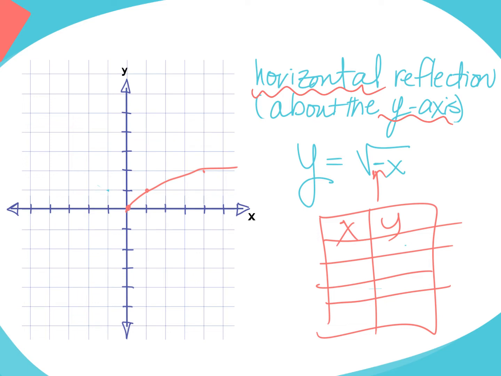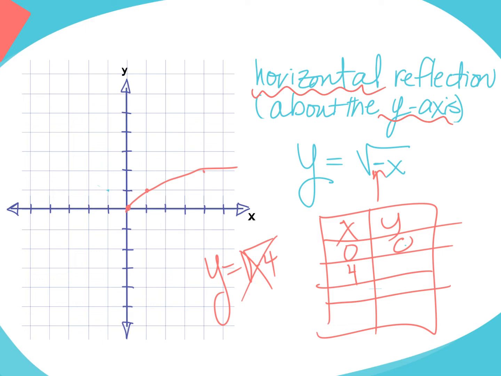Can I input a positive? Well, 0 is fine, it gives me 0. But can I input a positive value? Let's try it. Let's say I input the value x equals 4. I get y equals square root of negative 4. Doesn't work. It gives me an imaginary solution, which in this case is not useful.